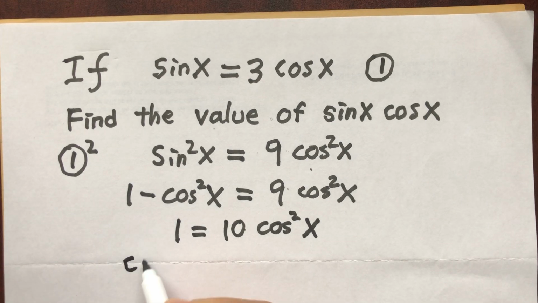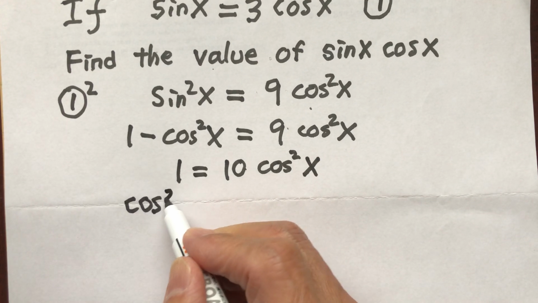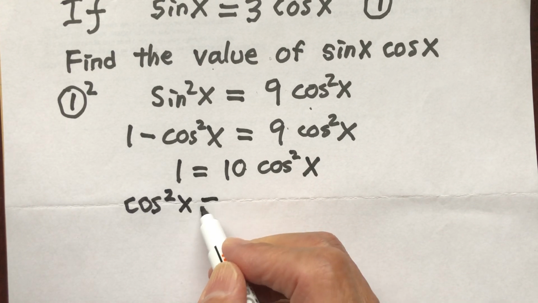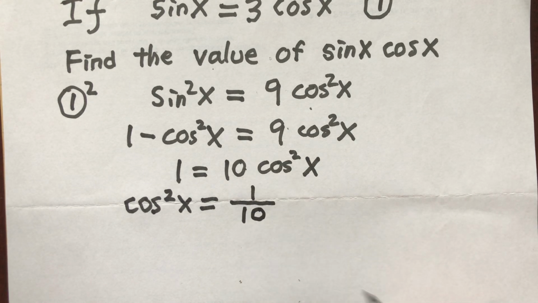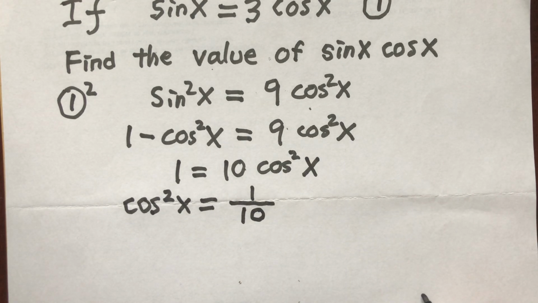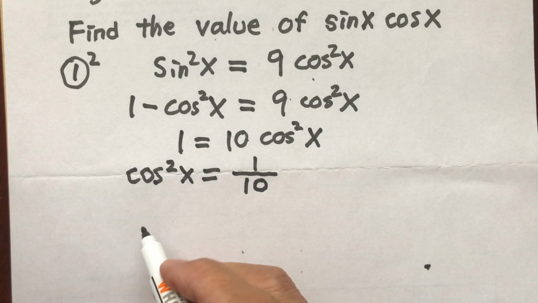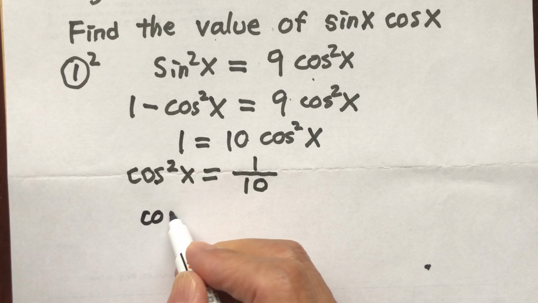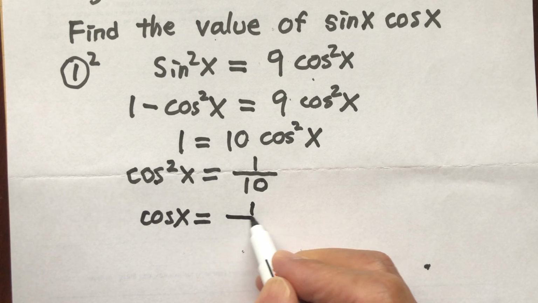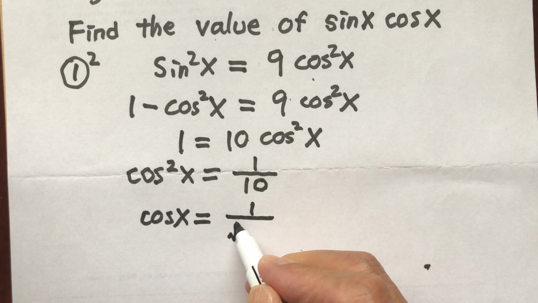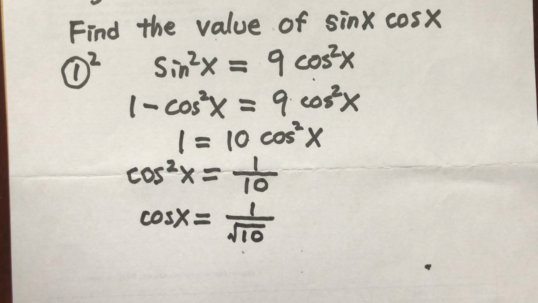Then I have cosine square is equal to 1 over 10. Then cosine is the square root of the right-hand side. So this is cosine x.